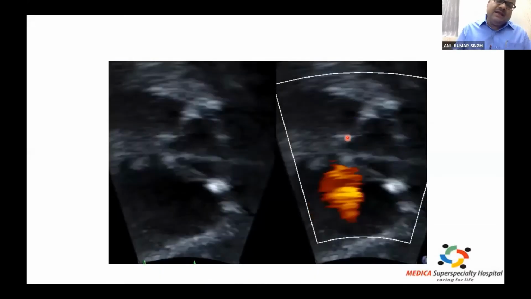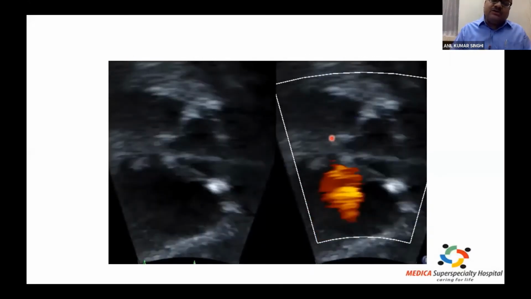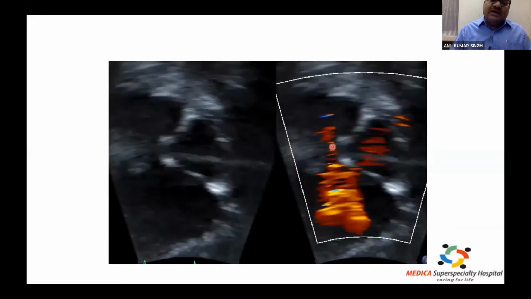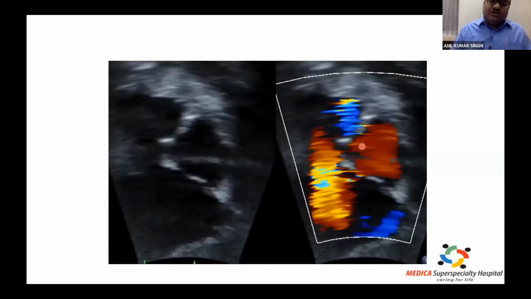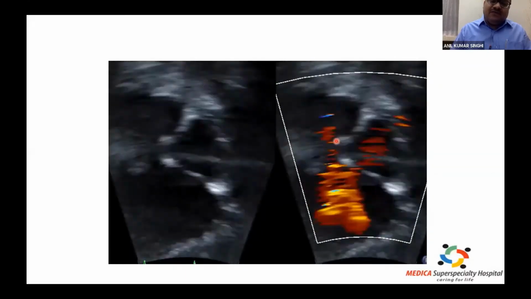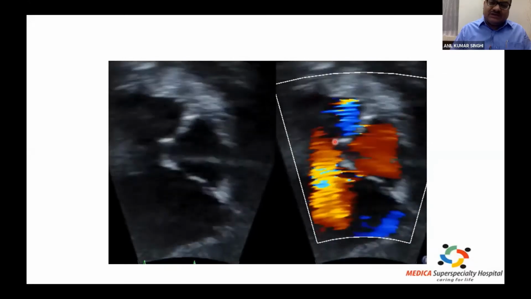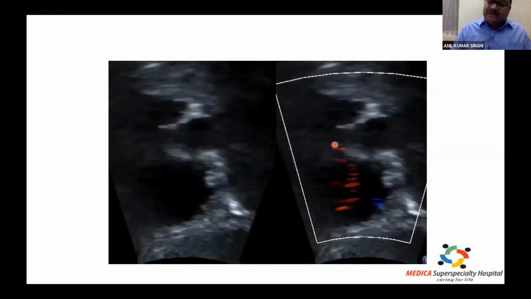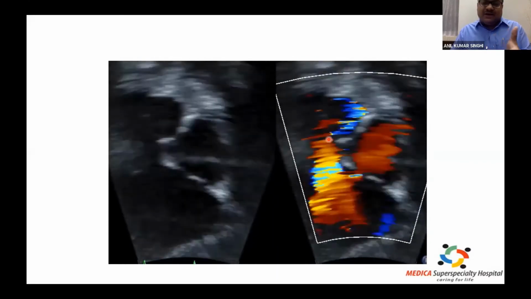So again, when I came back and tried to see where I missed, and because I knew by that time that there is an additional hole, on very careful interrogation I could observe the sinus venosus ASD. So I myself did the ASD interrogation initially, but this was very difficult to get.